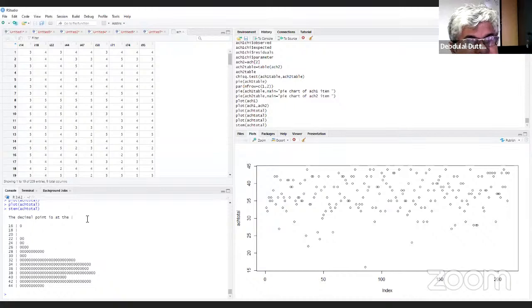Okay. Now, another important part is the classification of the total test score. Okay, because you have to classify the total data.